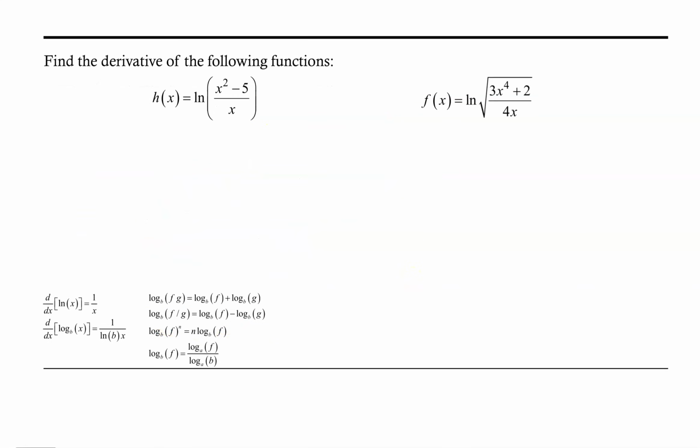Let's take a look at our second function. We have f of x is equal to the natural log of the square root of 3x to the fourth plus 2, all divided by 4x. So you should recognize that whenever we see a radical, we want to rewrite the function using exponents, which lends itself to applying the power rule.